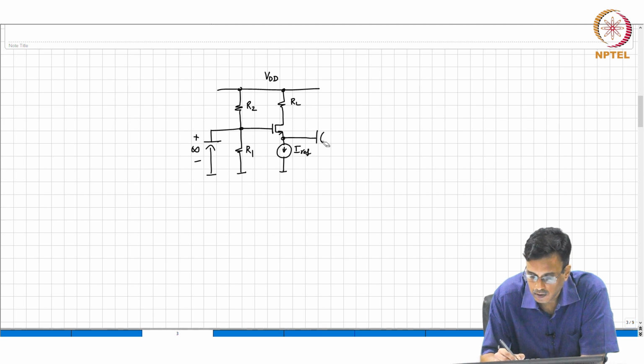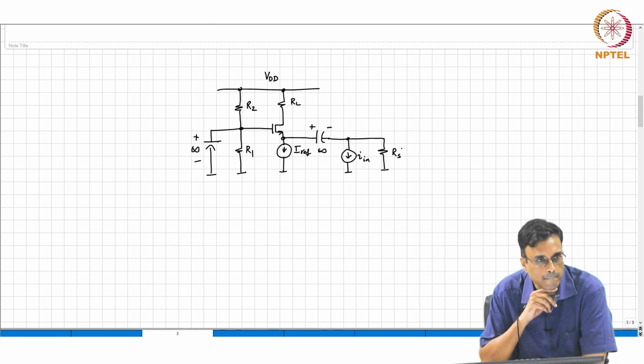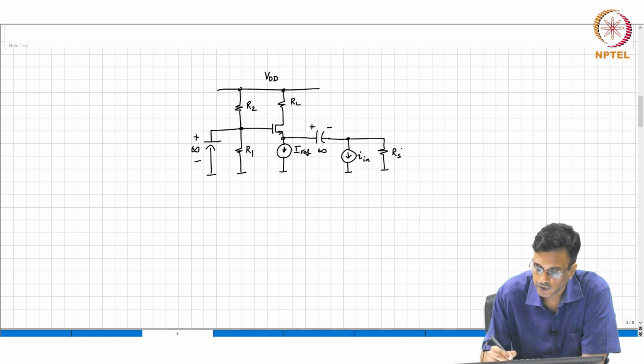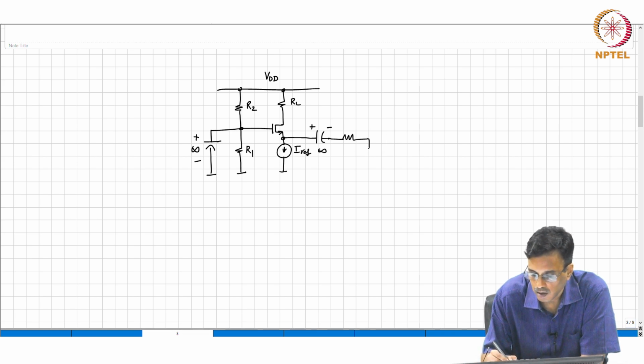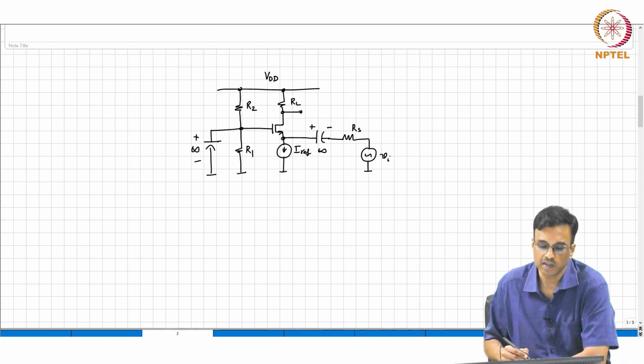All right. That is Rs. Okay. Now, if I remove this and this is Vi, let us say this is Rs, what comment can you make about the incremental voltage at the drain?